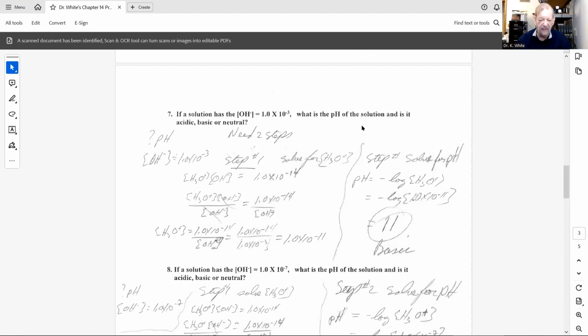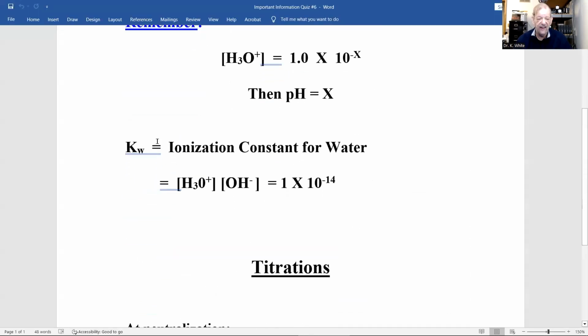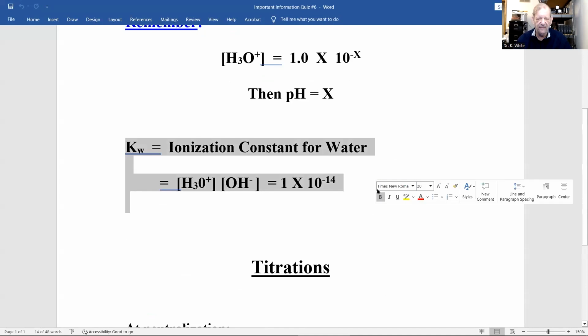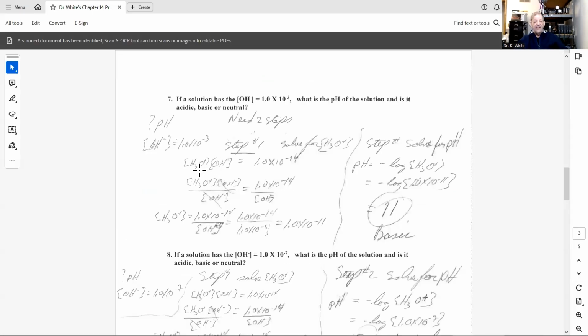And let me show you something. And if you notice in important information, quiz 6, I give you this right here. So we want to get H3O plus alone on one side. Anything divided by itself becomes number 1. So to get rid of OH, I divide by OH concentration.